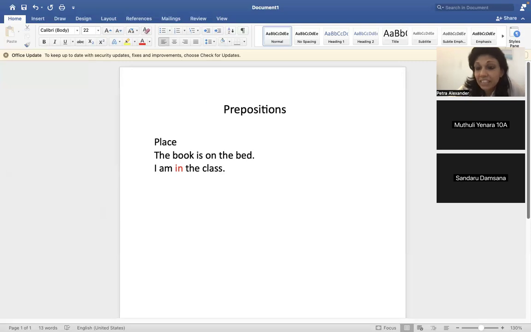I am in the class. We use in for a close place. If I'm in the class, mean class එක ඇතුලේ ඉන්නේ. I am in the room mean මම කාමරේ ඇතුලේ ඉන්නේ.